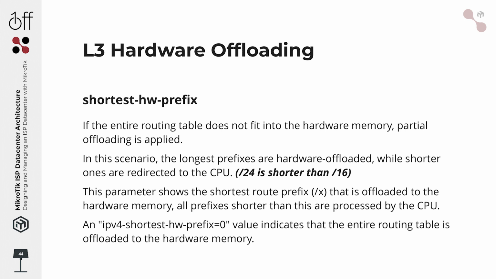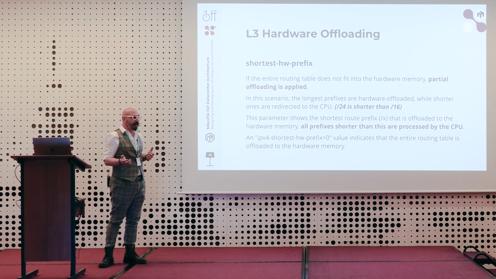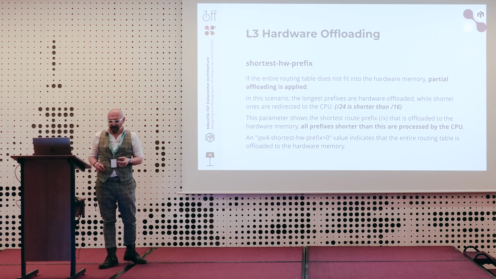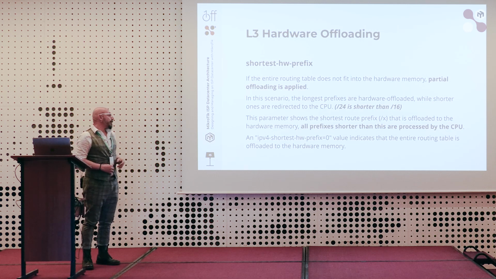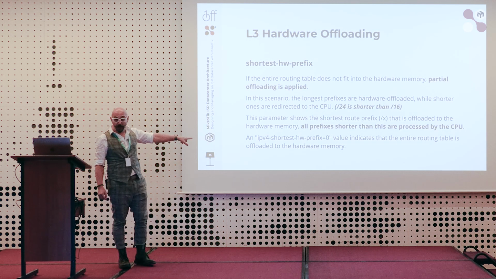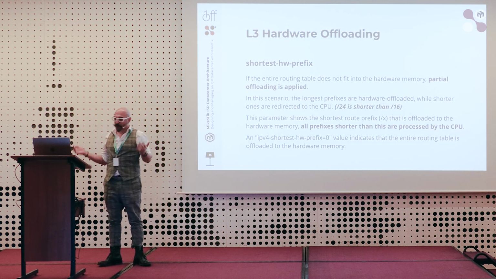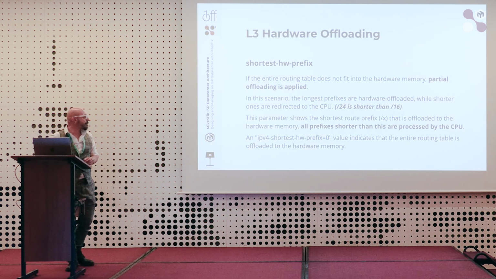In this case, the /24 prefix is of course shorter than the /16. It contains less IPs, it means. And all the other prefixes are processed by the CPU. In case the IPv4 shortest hardware offloading prefix is 0, it means that all the routes are in the hardware offloading. Otherwise, only the smaller one.